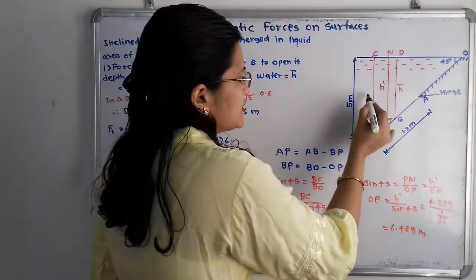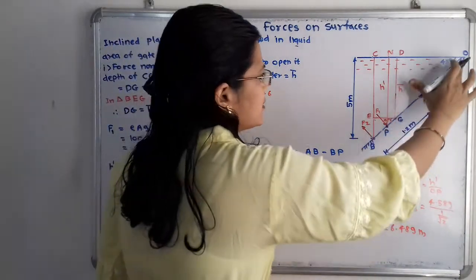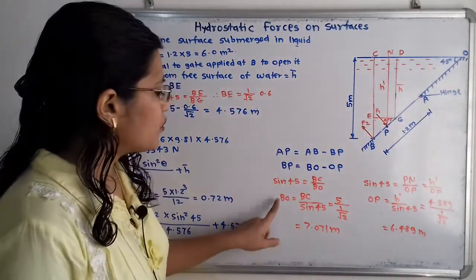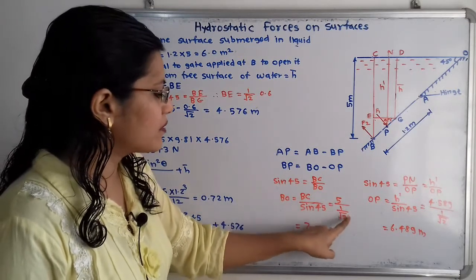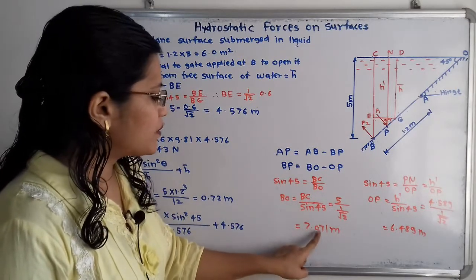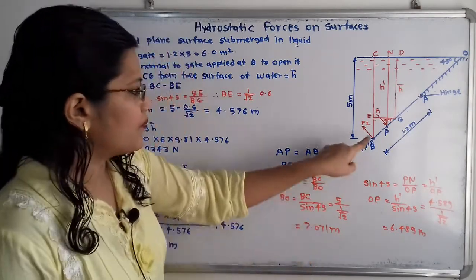BC is known, sin 45 is also known, so we can easily calculate BO. So BO is equal to BC by sin 45, which is equal to 5 by 1 by root 2, and which is equal to 7.071 meter. So this is the BO.